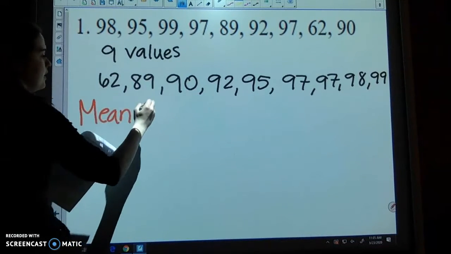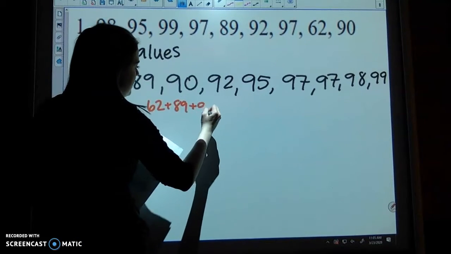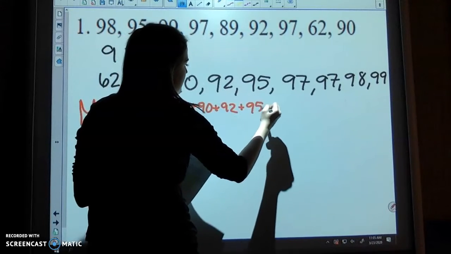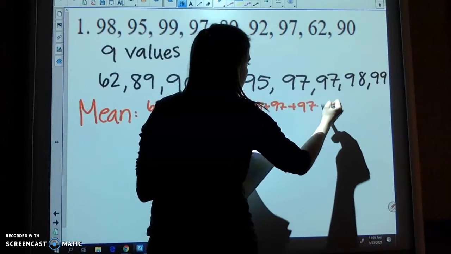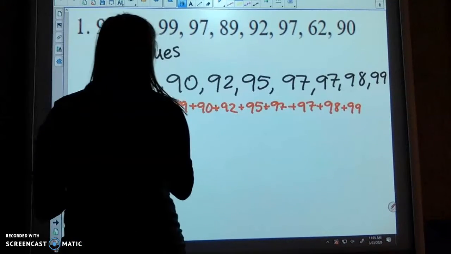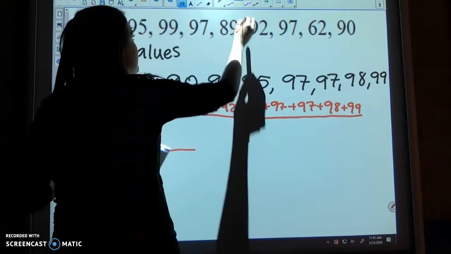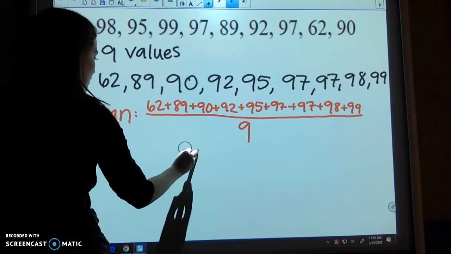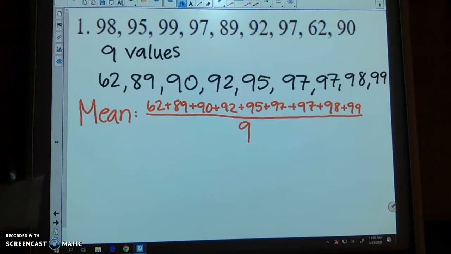You go 62 plus 89 plus 90 plus 92 plus 95 plus 97 plus 97 plus 98 plus 99. And then we know there's 9 values, so we divide by 9. And just in case you were missing me, as you can see, I'm still struggling with this whiteboard, so you can take some comfort in knowing some things never change.